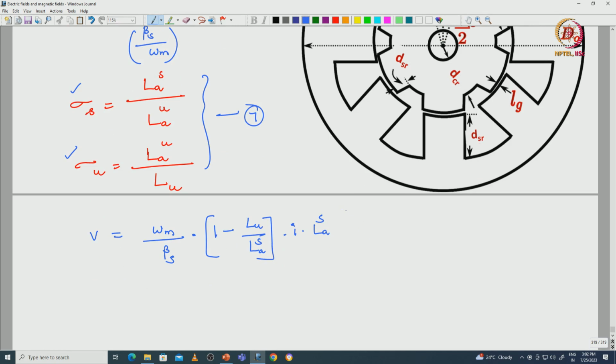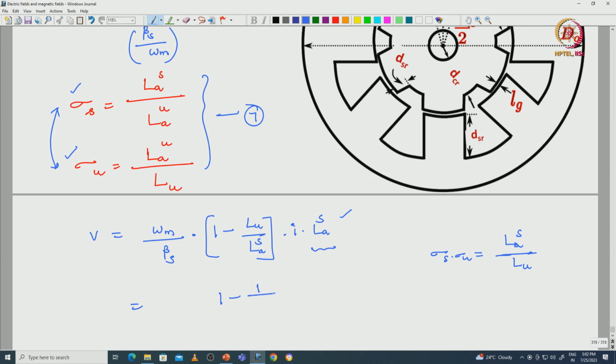I have taken the inductance with respect to the aligned position and saturated value out, and now if we multiply these two terms, then we will get sigma s into sigma u equal to Las, the inductance with respect to the aligned position and saturated value, and unaligned position.